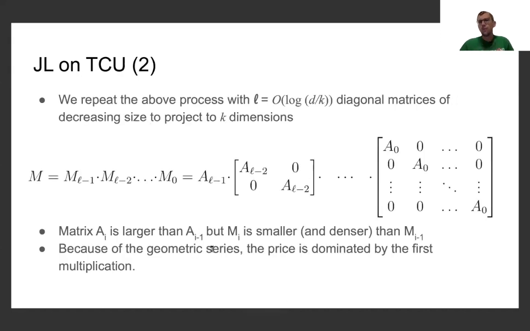However, it turns out that having just one block diagonal matrix is not enough to get the desired bounds. So what we actually need to do is to repeat the process a logarithmic number of times using different matrices. In other words, we need to multiply x with a matrix M given by the product of a sequence of matrices M l minus 1, M l minus 2, and so on.